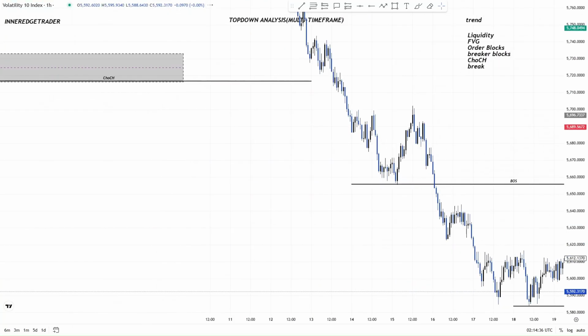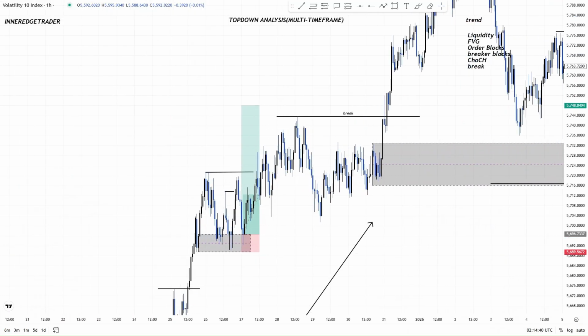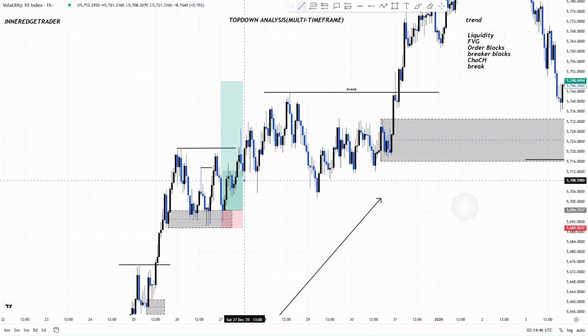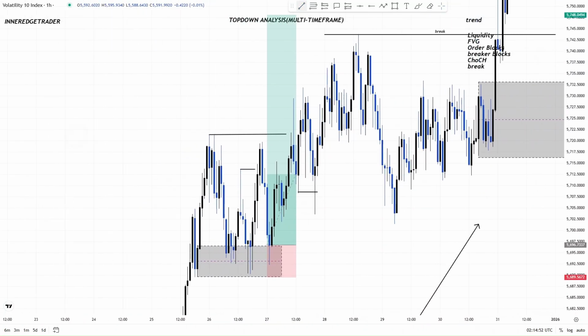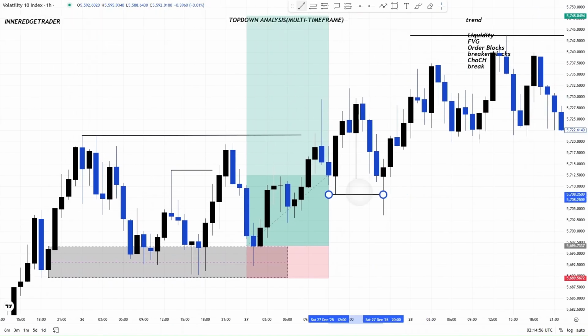But if I'm looking at every single thing, you see the first break that happened here, the liquidity pool that was taken, which is this place. Still on the 1 hour time frame. This is on the 1 hour time frame.